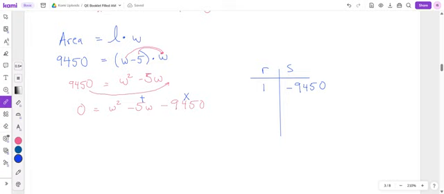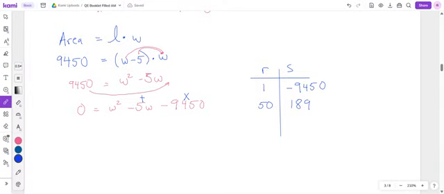So I would take my calculator and I'd go 9450 divided by 50. Yeah, it can divide by 50. So 50 times 189. Does that give me a 5?